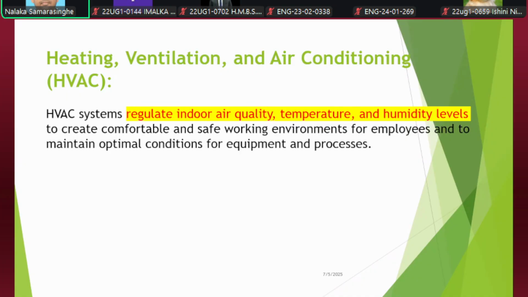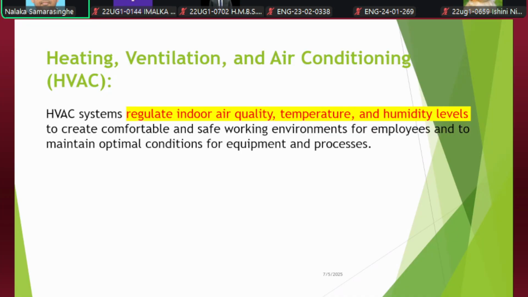But in the case of air conditioning, we usually talk about the regulation of the temperature that is sufficient for the occupants and also for certain products, like pharmaceutical storage at certain higher temperatures, around 25 centigrade or so.